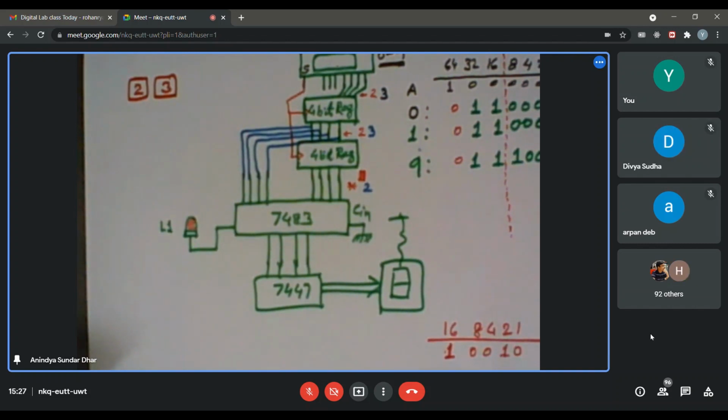Hello? Excuse me, sir. Yes. So the screen is mirrored. I mean, everything is seen in a mirrored way. Right now also it is like this?